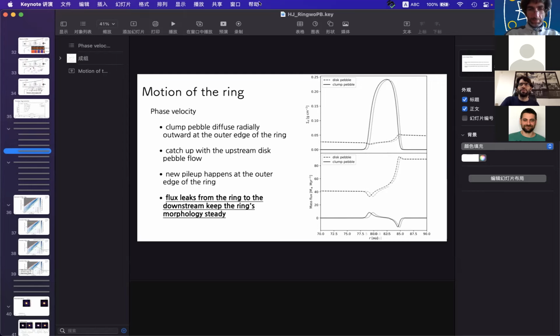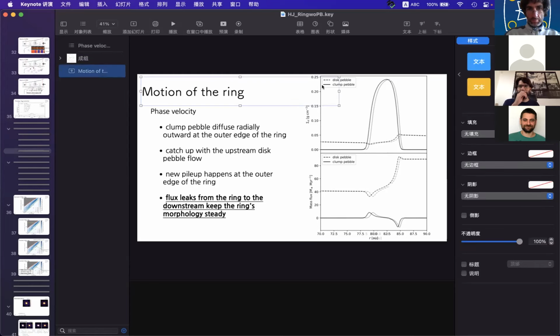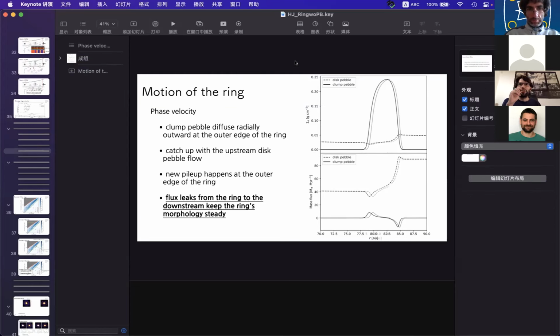Yeah, maybe. Since we still have a little bit of time: you mentioned that for this ring forming, you need a dust to gas ratio higher than 1, right? That's true, the volume dust to gas ratio, at the mid-plane region.